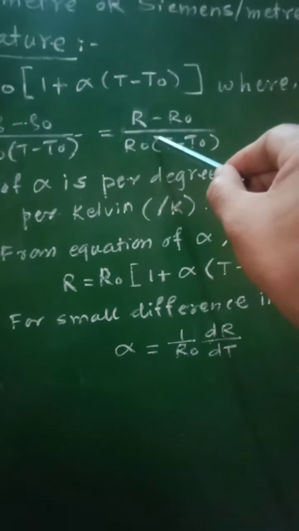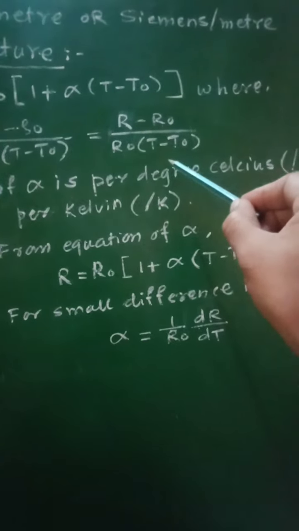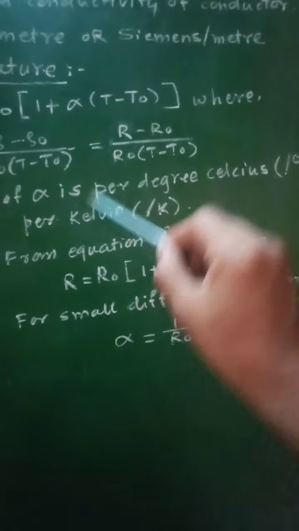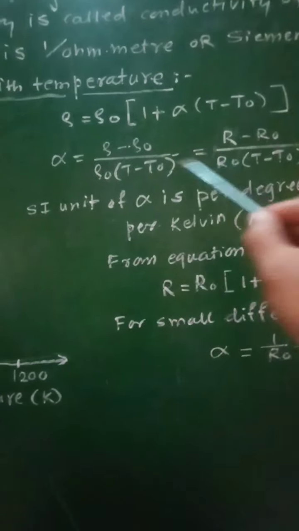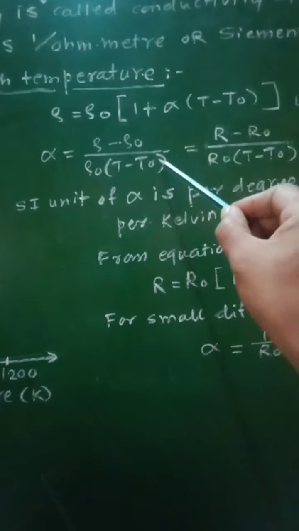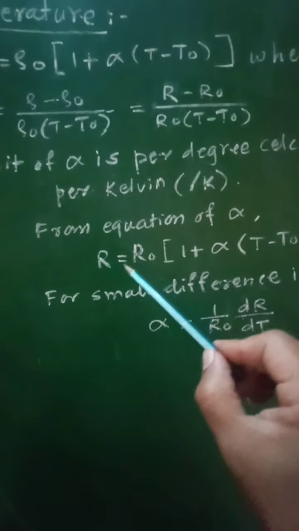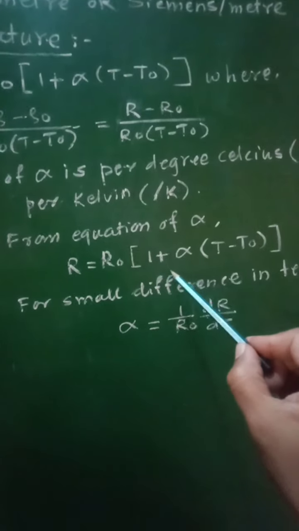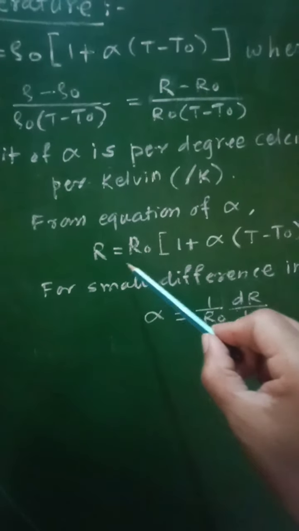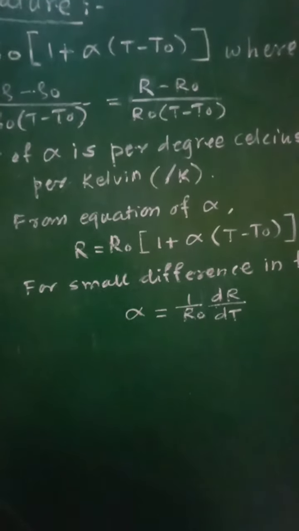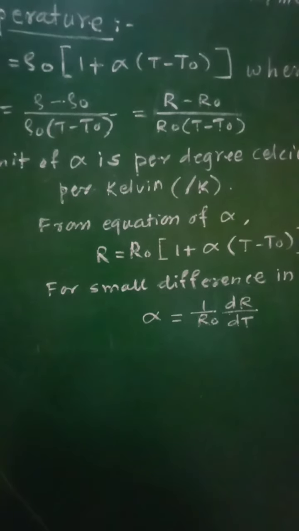From the relation R minus R0 upon R0 into T minus T0, this term will come here so that it is multiplied by alpha, and then this term will become plus, then R0 will be taken common, and therefore we can write R is equal to R0 into 1 plus alpha into T minus T0. So the final resistance R will be given by this relation: R is equal to R0 into 1 plus alpha into T minus T0.